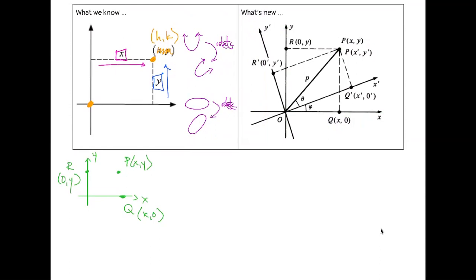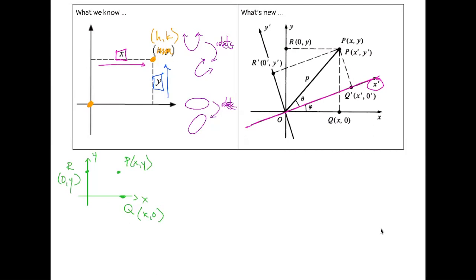So I've now got a new axis, a new x-axis, this one right here. And I know that this line is not horizontal, but I'm going to call it x prime.